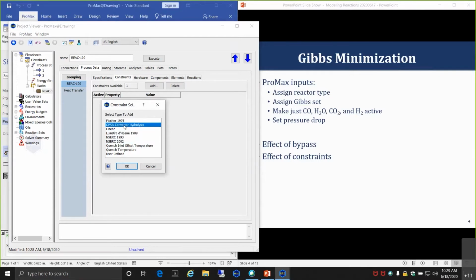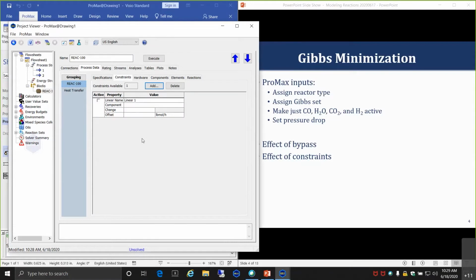The GPSA hydrolysis is also sulfur recovery related, but these others can be used pretty generally. The linear, the quench inlet offset temperature, the quench temperature, and user defined are all very, very general. I'll demonstrate a linear here real quickly.